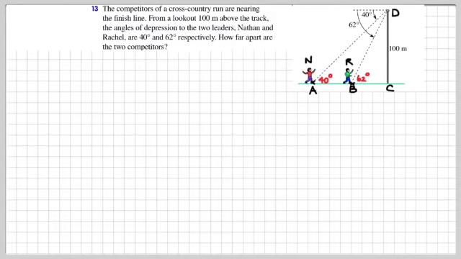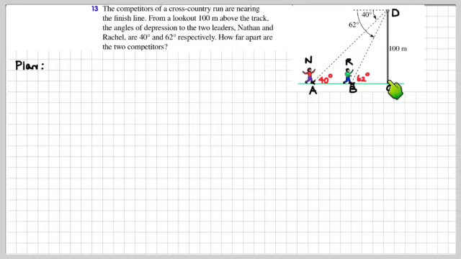Okay, now we've got to work out a game plan. What do you think we could do to work out the length we need? It's AB, yes? Well, AB does not occur in a right angle triangle. That's the problem with AB. Therefore, we have to use right angle triangles to use trigonometry. This is a right angle here. So we'd have to use this triangle here, which contains that right angle.